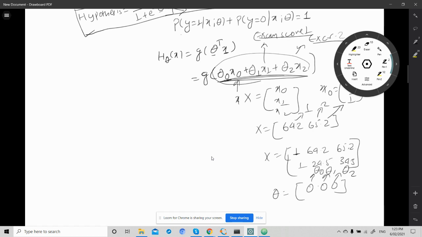So we will be implementing the dot product of x and theta, and once we have that, this would be our z, and then we will call the sigmoid function. Hope this makes sense.